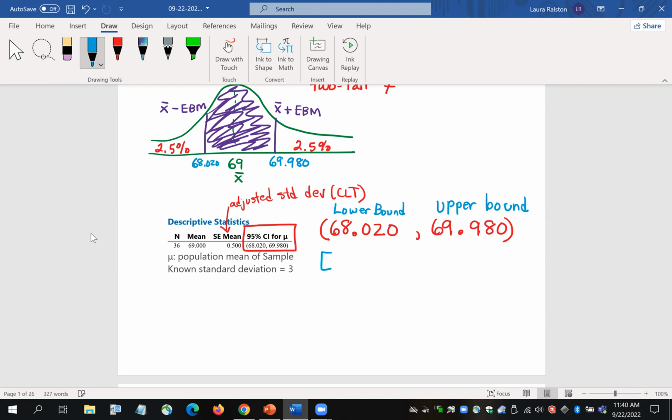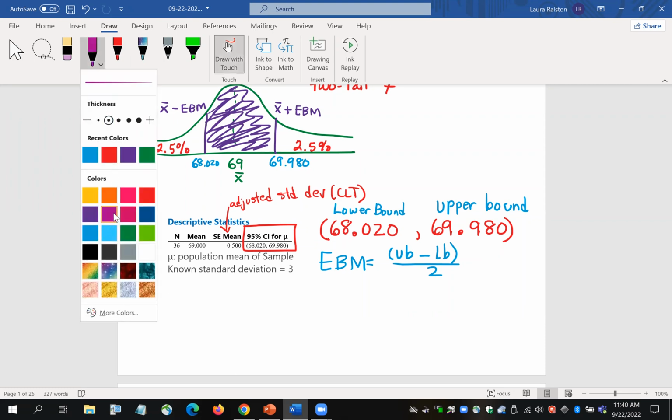I need to calculate the error bound margin. The error bound margin, and that's not the way to write it. The formula is the upper bound minus the lower bound divided by 2.